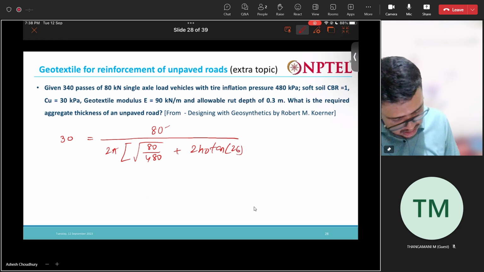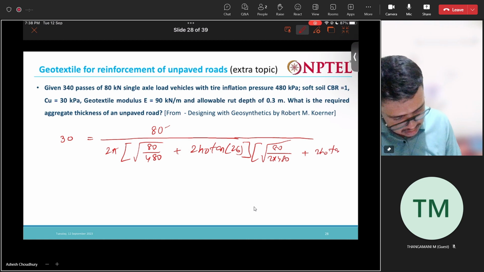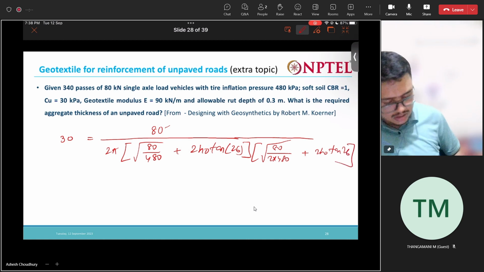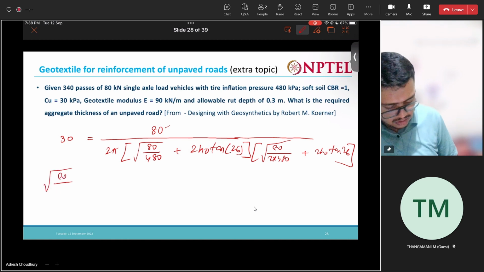So root over 80 by 480 comes out as 0.41, and 80 by twice into 480 comes out as 0.29.